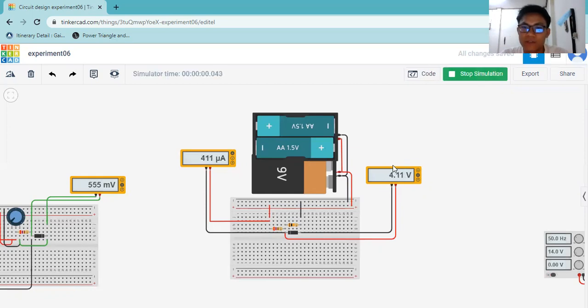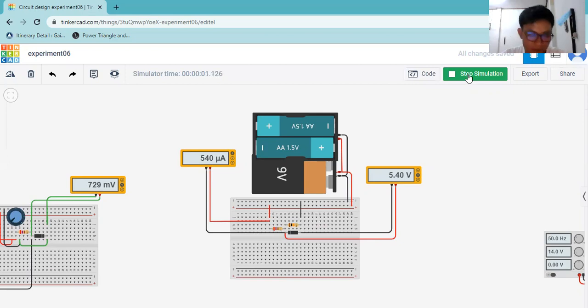As we can see here, before when we set this to be 22 kilo ohms, the value of the voltage is the same as with 10 kilo ohms, but the current is different.